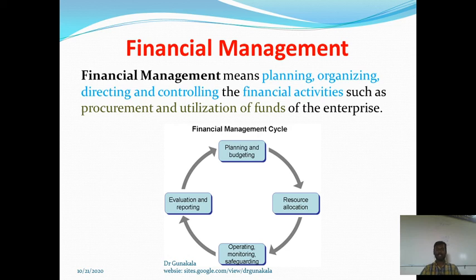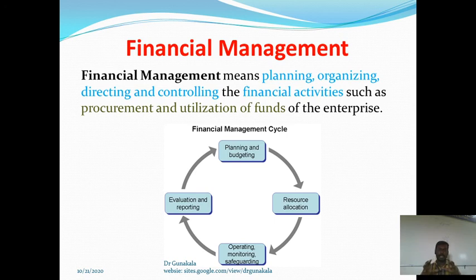In this financial management cycle, we can clearly know how the financial department will be working. Here the financial department analyzes and proposes what financial requirements the organization has. Based upon the requirement, the department gives its priority.